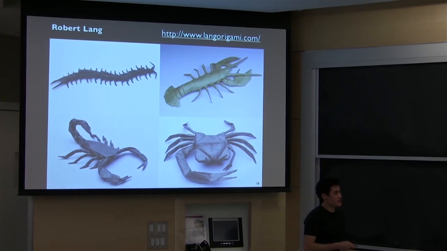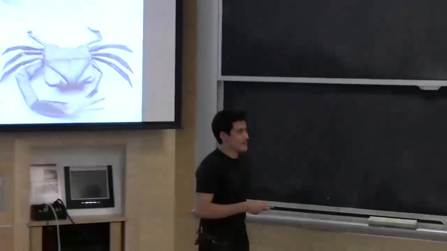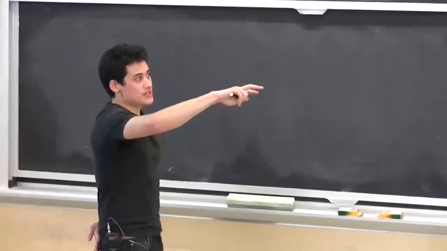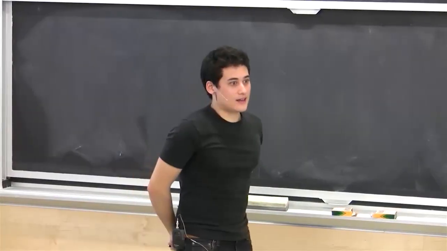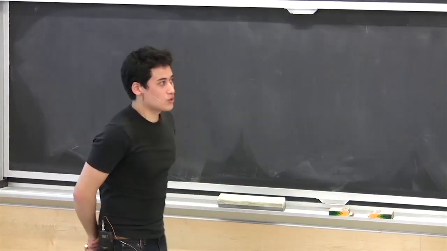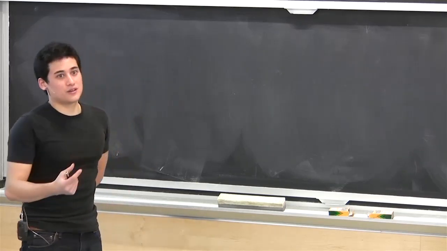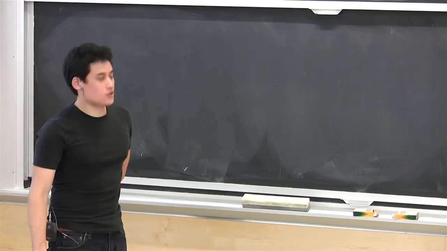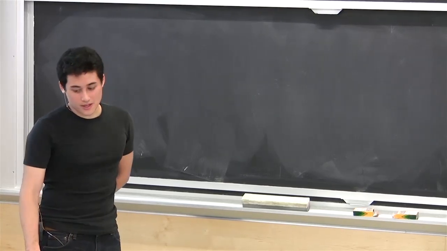But he actually used TreeMaker and designed each of these pairs of legs to be increasing in length as they go back. So really being very exact with the proportions of the model, the proportions in the tree. And tree theory really allows you to do that, to capture that.